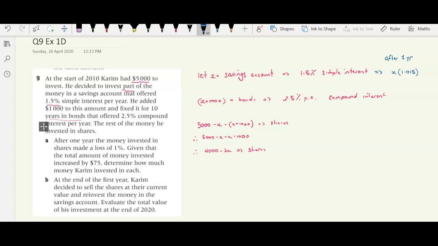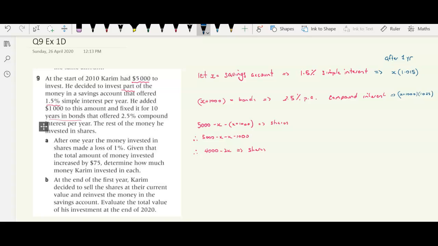Whatever the amount was, it's getting 1.5% interest, so it's going to accumulate to that. After a year, this X plus 1,000 is going to accumulate at 2.5%, so that's 1.025. Okay, so that's what we're getting after a year.